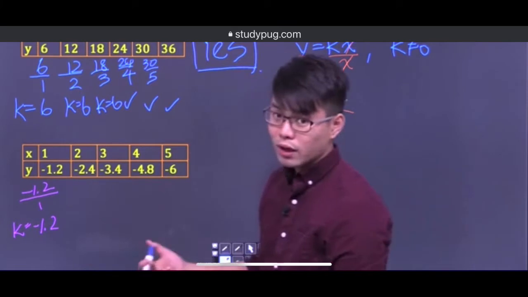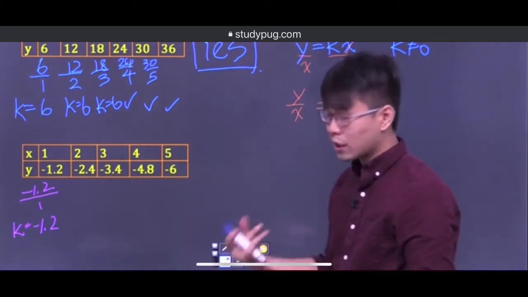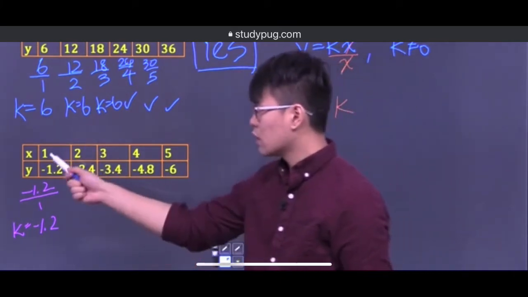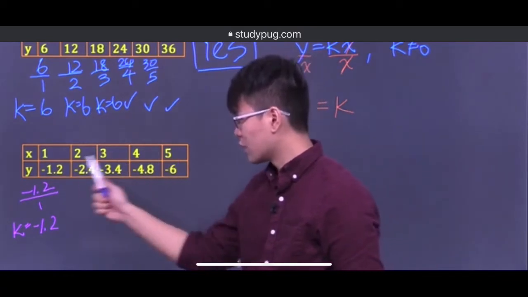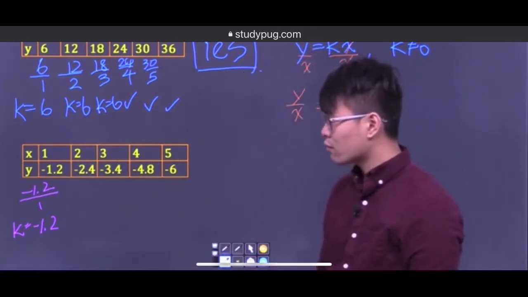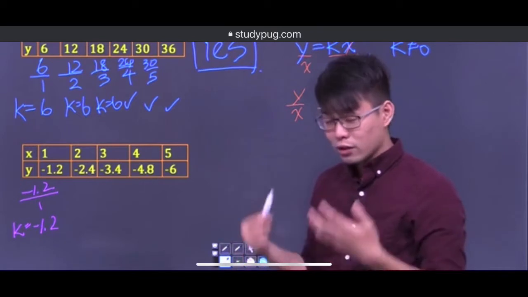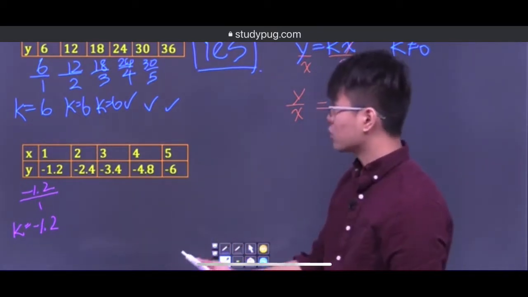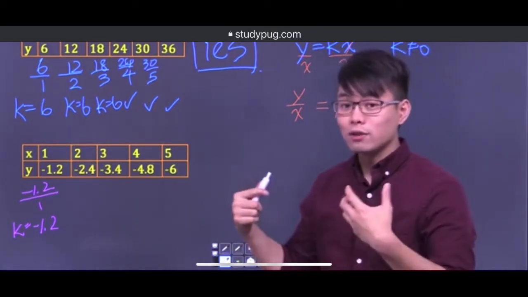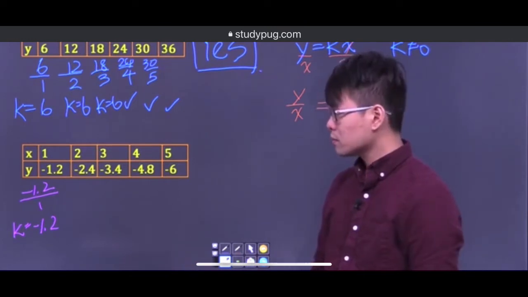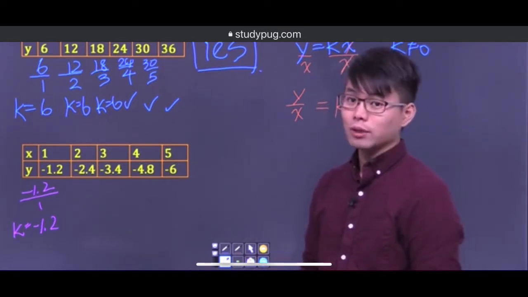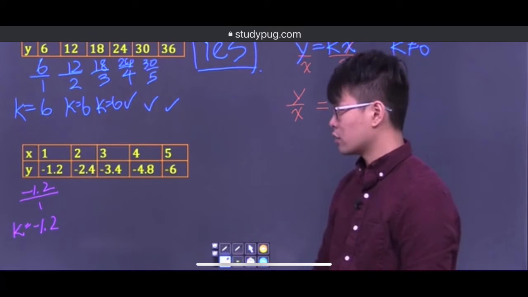Right, again, we want to see whether we actually have a consistent constant variation throughout this table or not. If we do have a consistent k, then that's good. We have a direct variation. If we don't have a consistent k, then we're not going to have a direct variation.